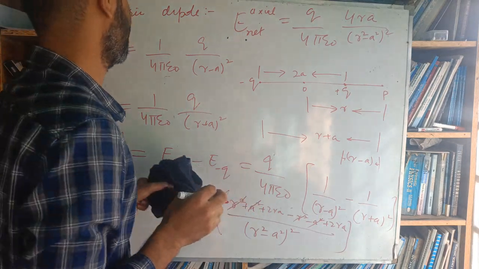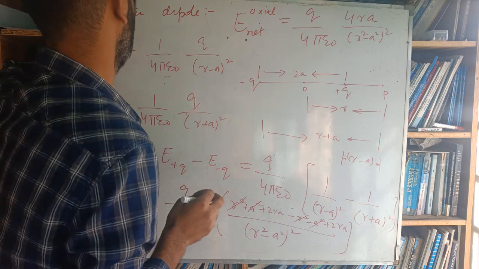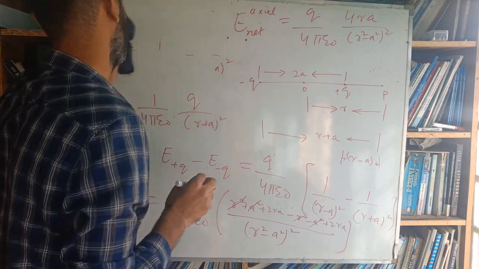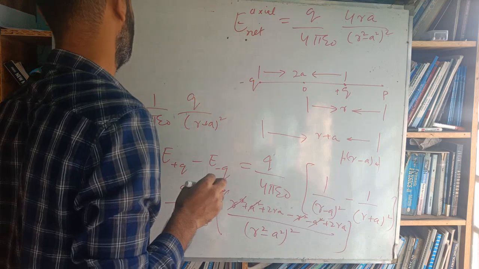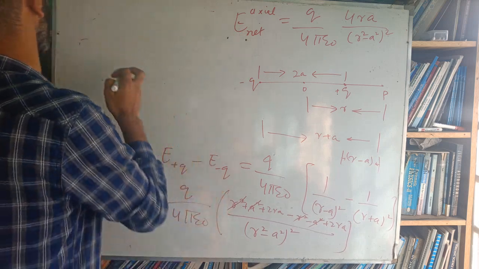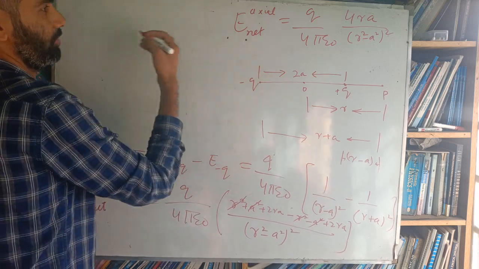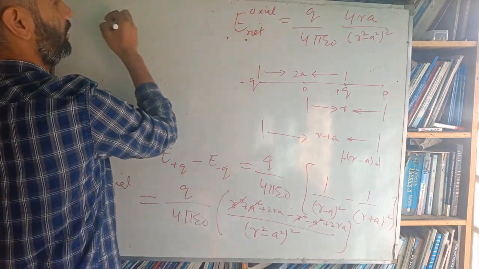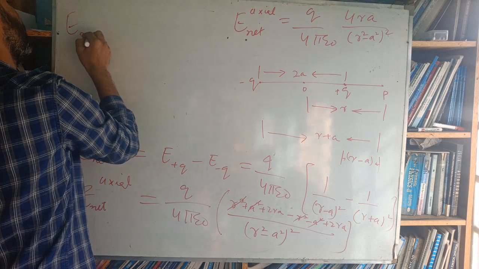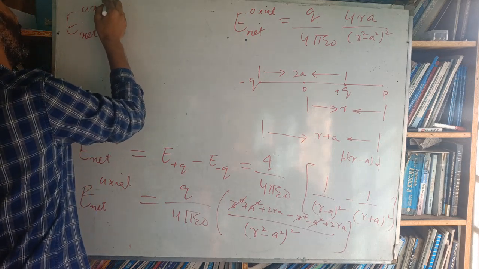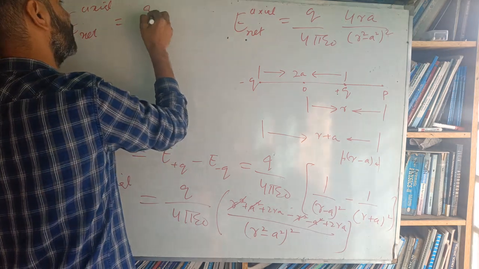I can express it in terms of dipole moment. So I know that the dipole moment p is equal to q into 2a. So I can write E net axial is equal to q into 2a.